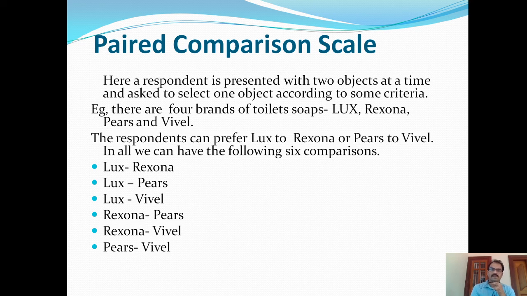For example, there are four brands of toilet soaps: Lex, Rexona, Pierce, and Wevel. The respondents can prefer Lex to Rexona or Pierce to Wevel. In all, we can have six comparisons using these four brands.